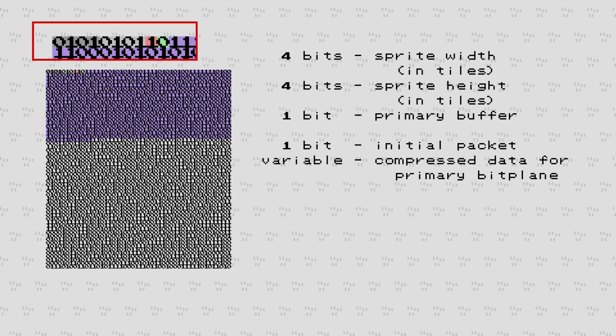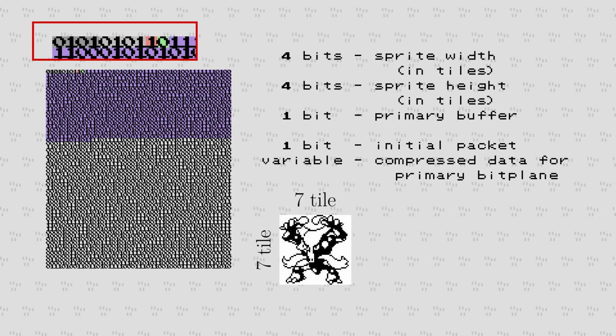We'll look at the data format in a bit, but it's worth pointing out now that the data does not have a terminator or set length. Instead, the width and height of the sprite are used to signal when to stop processing the data. For example, if the sprite were 7 by 7 tiles big, this would be 56 by 56 pixels, or 3136 bits total.